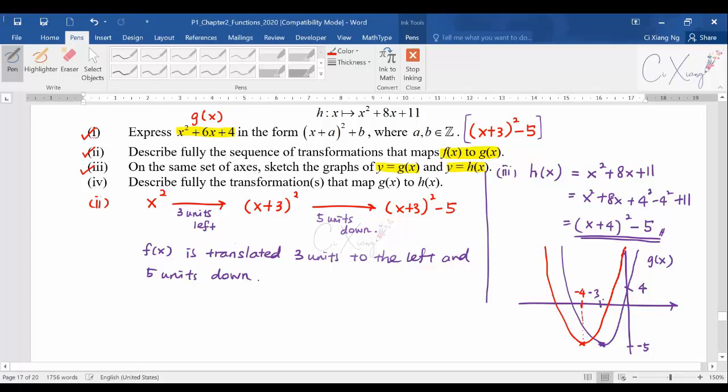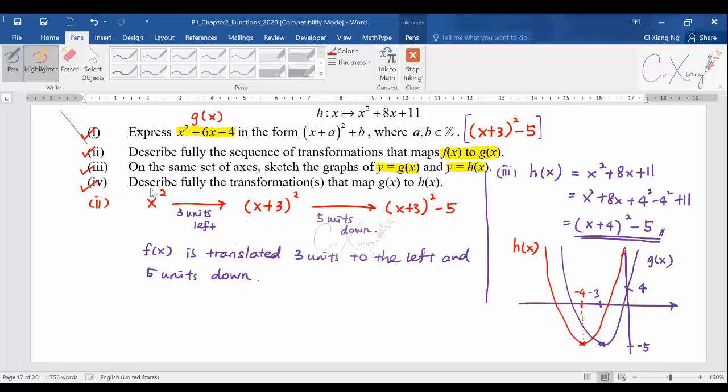Okay, and they should be parallel to each other also, right? So what do we have here? This is hx. All right, so you can see that you actually shift 1 unit to the left, okay, from gx to get the hx. All right, okay, so is what they are asking on part number 4.